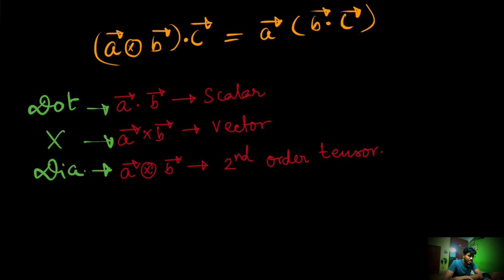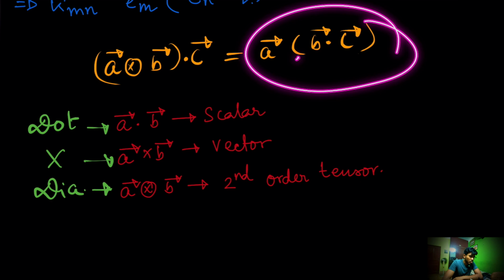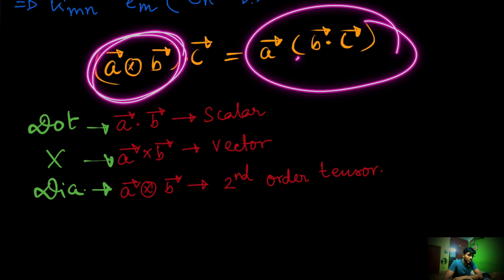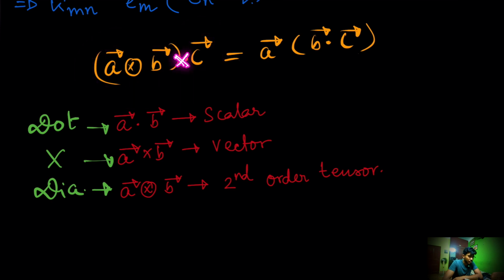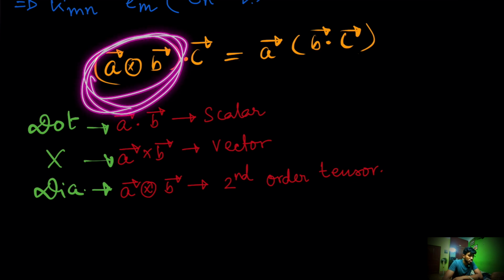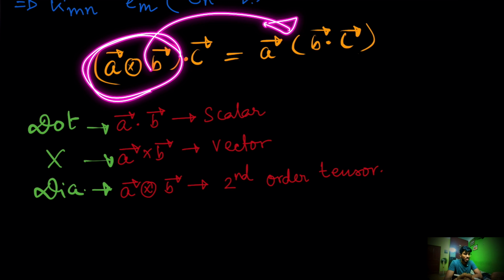Ultimately this second order tensor will be reduced by order 1, and this is a vector. There is no such dot product between a second order tensor and a vector, so it is just a multiplication analogous to a dot product, reducing the order of the second order tensor to a vector.